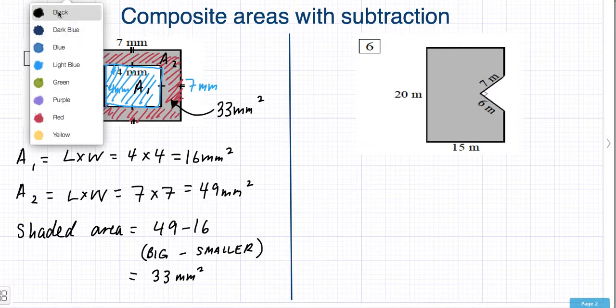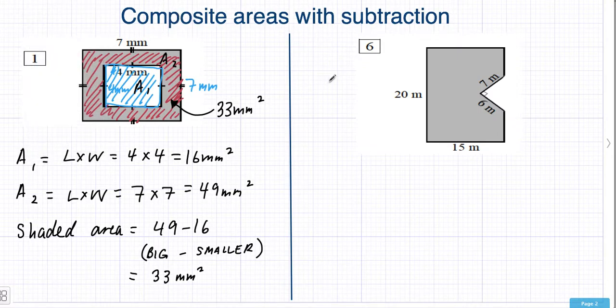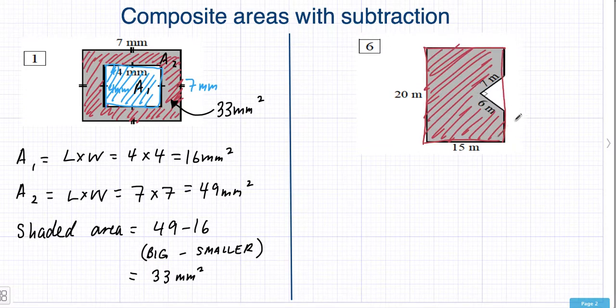So the next question we've got is very similar. Have a think how you do this one. What two shapes are there? You can see there's clearly a rectangle, which I'm just going to colour in. And if I coloured in that bit too, it would be a full rectangle, 20 times 15.